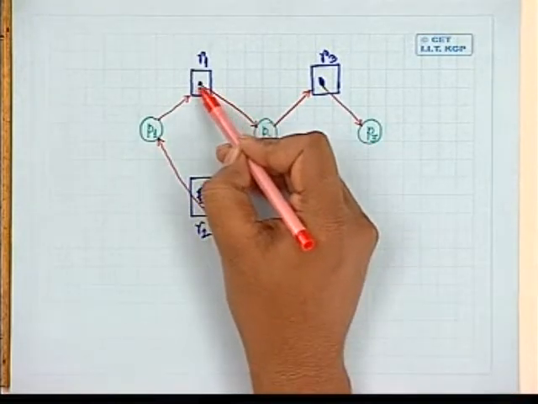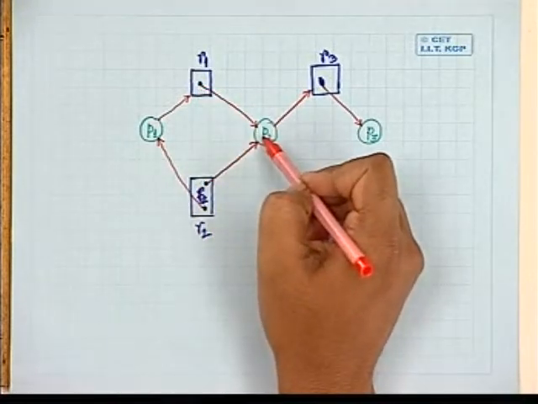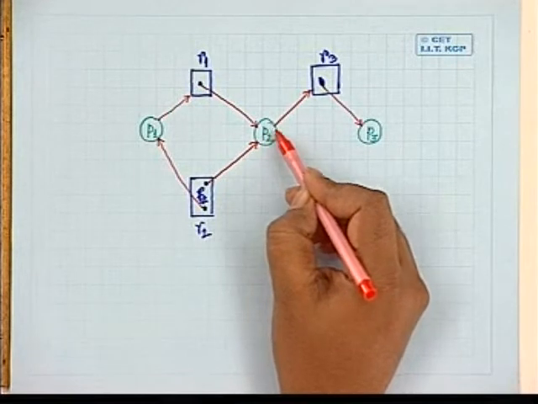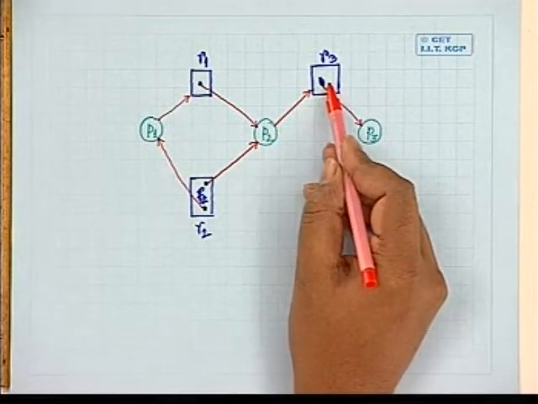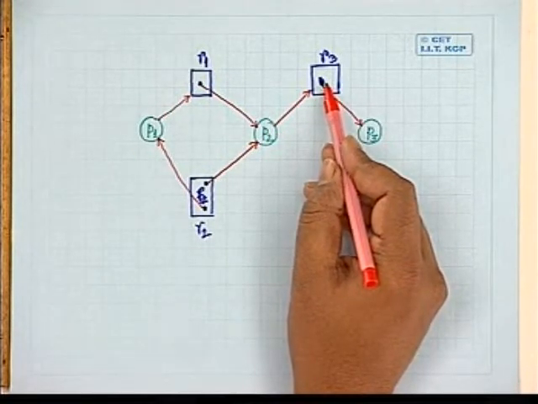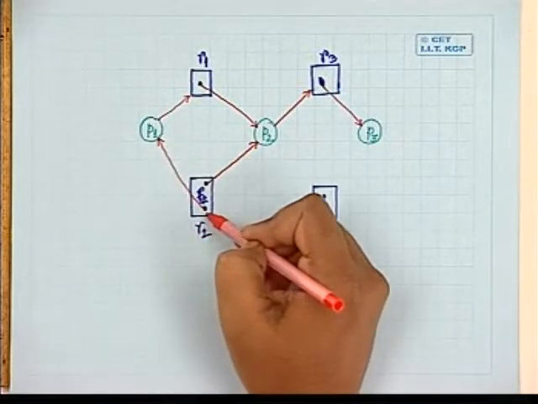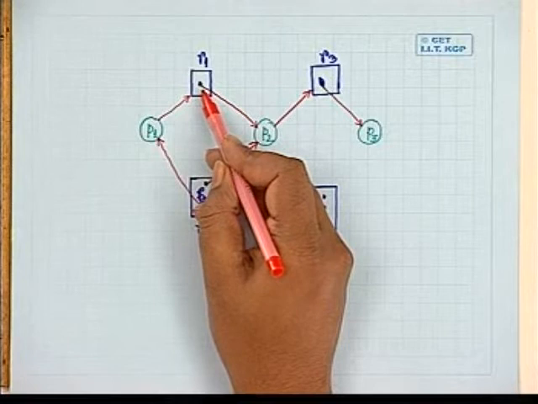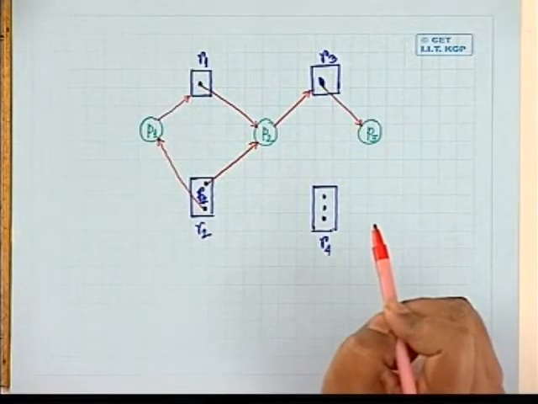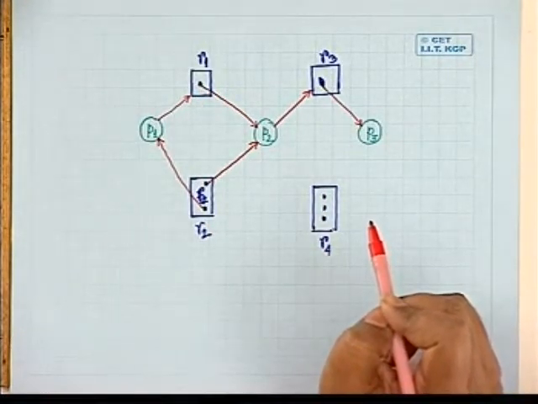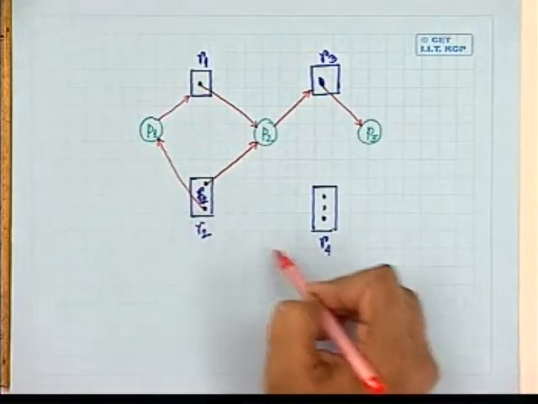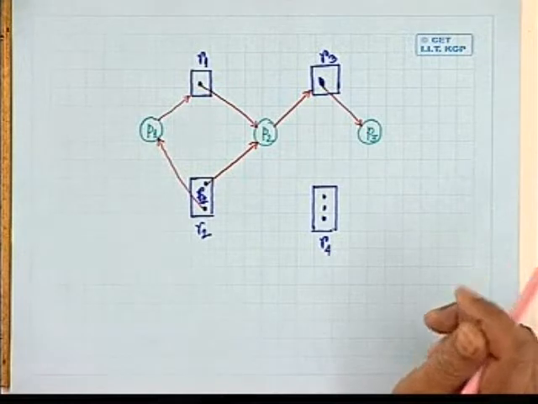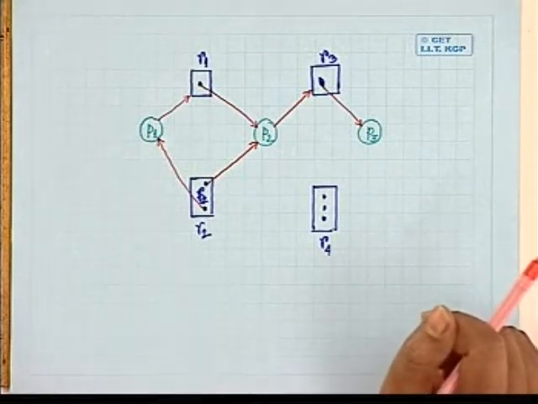P2 is holding an instance of resource type R1, an instance of resource type R2, and it is waiting for an instance of resource type R3. P1 is holding an instance of resource type R2, and it is waiting for an instance of resource type R1. Okay. So I can have a situation like this, and through this graph, I can analyze whether there can be a deadlock or not.